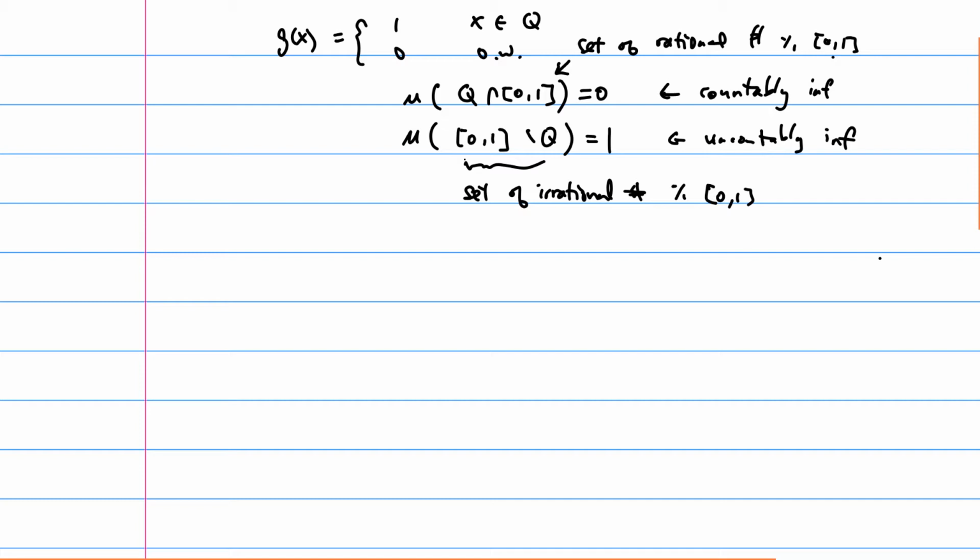And of course, I assume you already know what rational and irrational numbers are. Basically, rational numbers are all the numbers that can be represented as a fraction. For example, 9 over 11 is rational because I can represent it as a fraction.